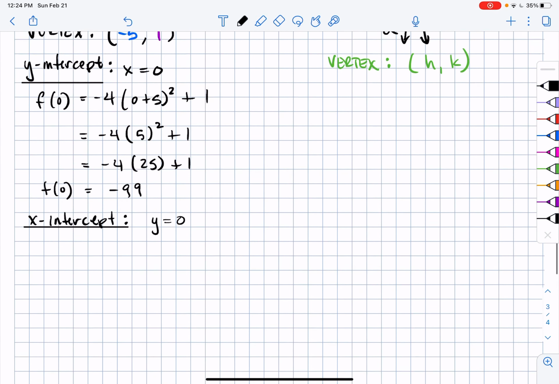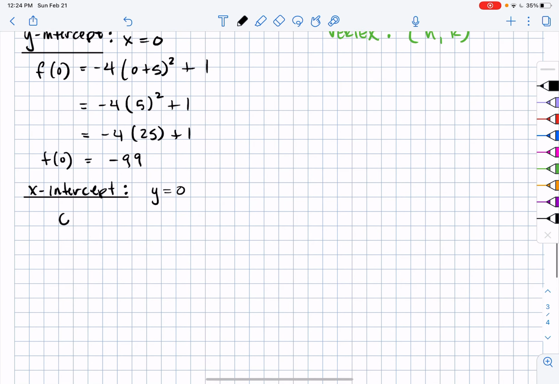So in other words, what I would do is say, okay, I have 0 is equal to negative 4 times x plus 5 squared plus 1. And you're like, I don't know how to solve this. But you do. You actually do. All right? So we've done this before, most likely in 1033. Basically, you're trying to get this squared by itself first.